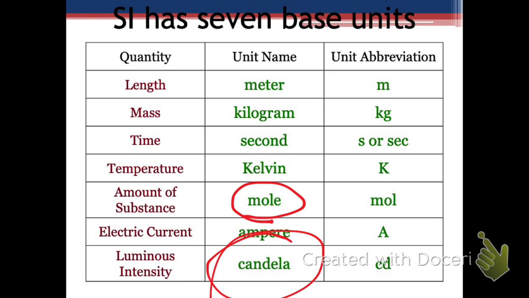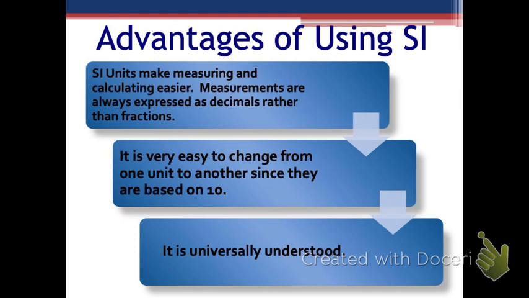Usually your light bulbs are sold by wattage, right? This is a 60 watt light bulb. But sometimes you'll see candelas on there. It just talks about the brightness of that light. So those 7 base units, we'll need to make sure we're familiar with those and their abbreviation. Okay? So what's the difference between watts and candelas? Watts have more to do with the electric current part of it instead of the light intensity of it.